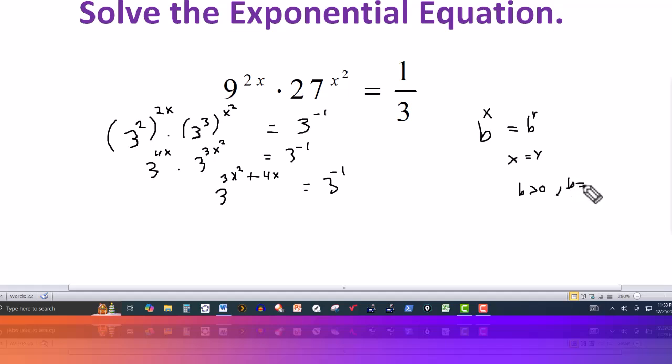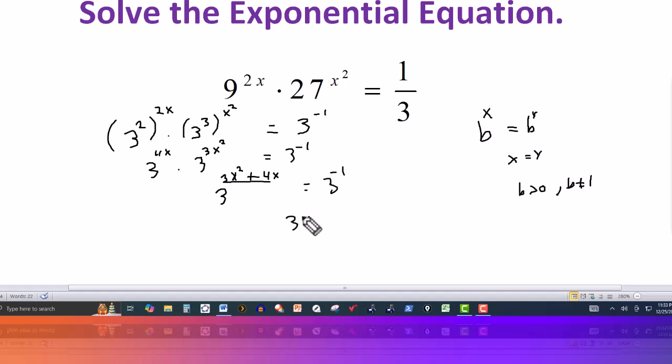Otherwise it's not going to work, because 1 to any power will give you 1. So 1 to the 20th, 1 to the 30th, that's the same number, but the exponents aren't equal. So the base has to be positive, not equal to 1. Now if that's the case, then these two exponents have to be the same, so that I can equate them.